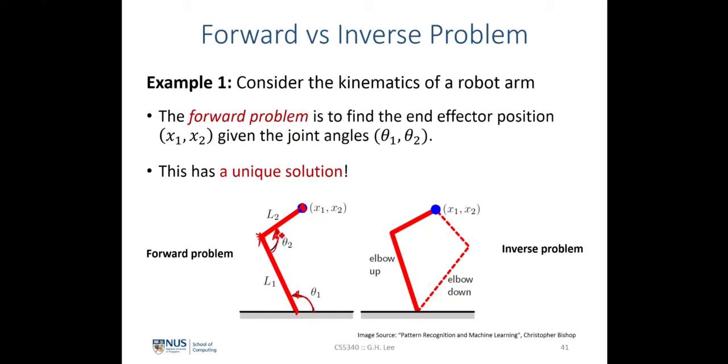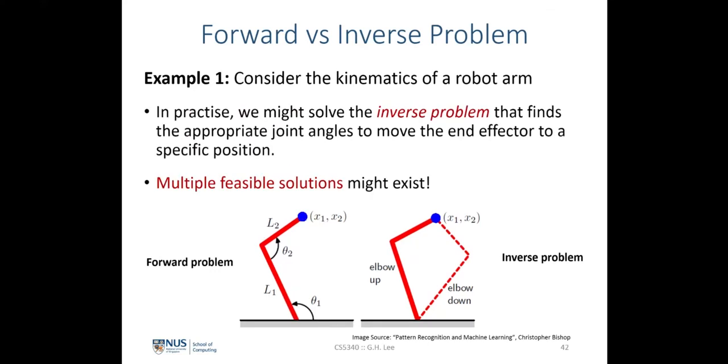And our objective here is that given theta 1 and theta 2, we want to find the end effector location x1 and x2. This is easy to compute given that we know the arm's lengths, L1 and L2, by simple geometry. So this is the forward kinematic problem, where there is no ambiguity. Given theta 1 and theta 2, you will always find a unique solution for x1 and x2.